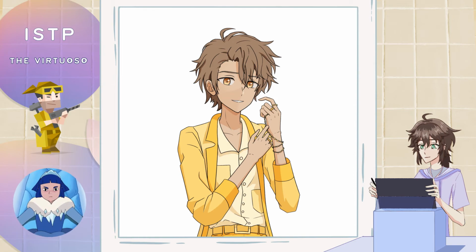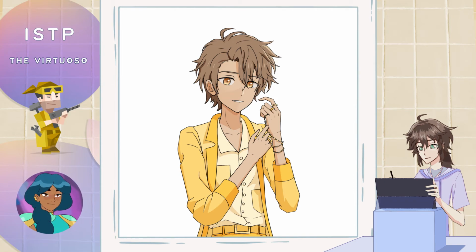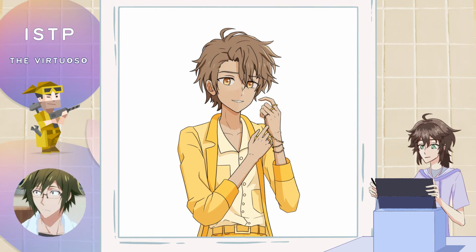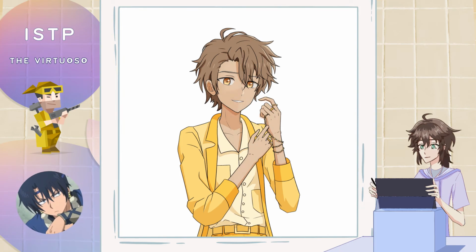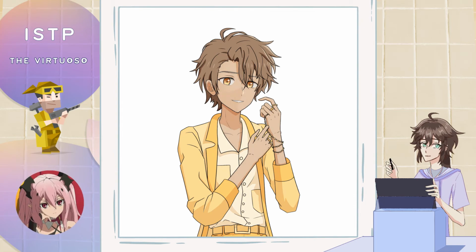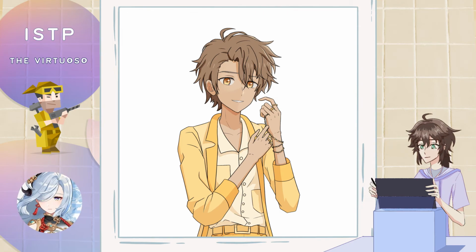In She-Ra, Frosta and Mermista both have this type. And in Idolish7, Yamato Nikaido, and also Son Hak from Yona of the Dawn, both are ISTPs. In Seraph of the End, Crowley Eusford is an ISTP. And finally, from Genshin Impact, Rosaria and Xingqiu have the ISTP character type.